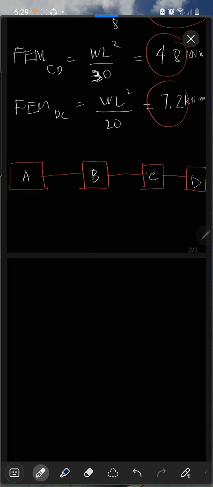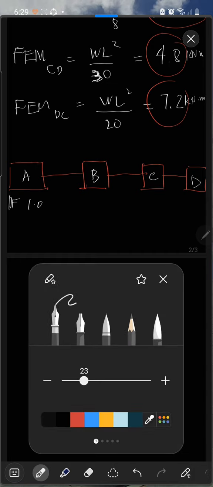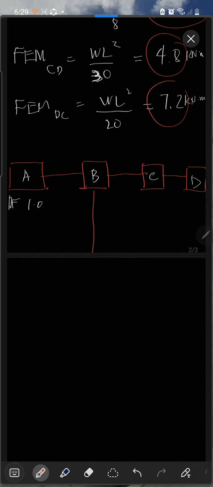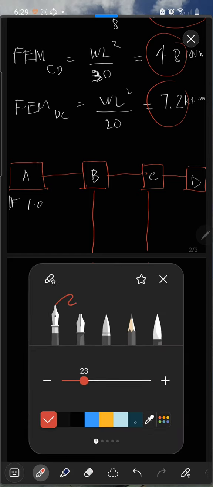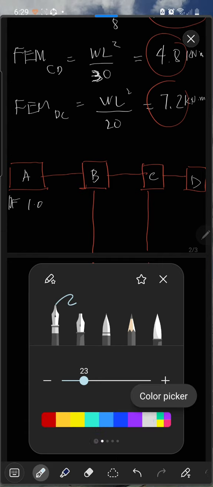Isulat nimo ang distribution factor, DF: 1.0, 1.0.